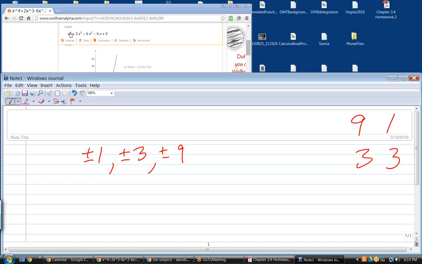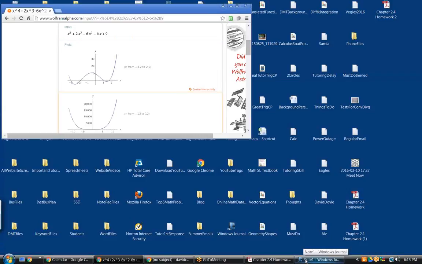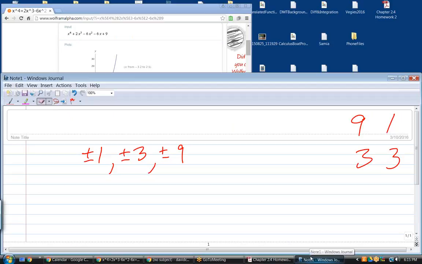It's the only thing that matters for determining this by the rational factor theorem. You hear it referred to as P over Q, where P is a factor of the constant and Q is a factor of the coefficient of the largest degree. So here are our 6 possible rational factors.